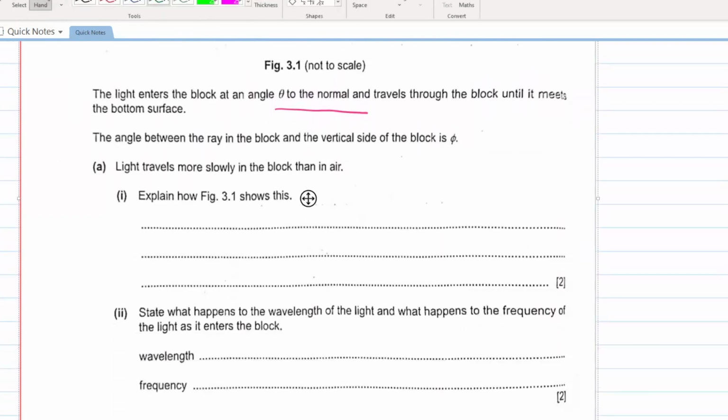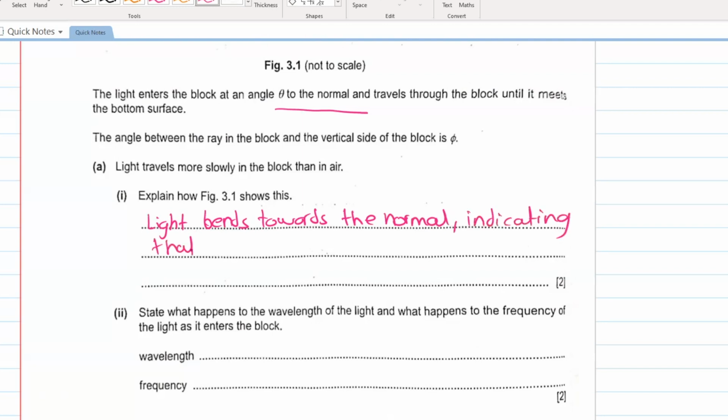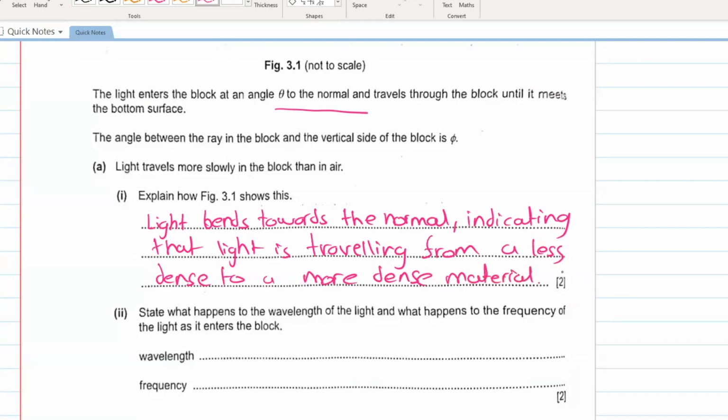You can write here: light bends towards the normal, indicating that light is traveling from a less dense material to a more dense material. This shows a decrease in speed. Simple.